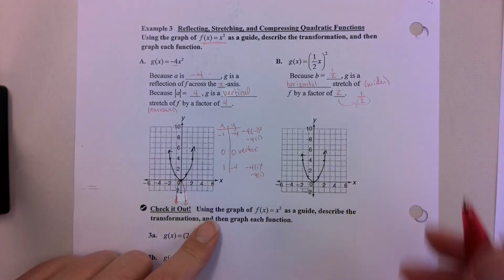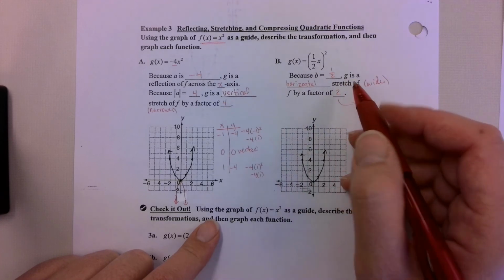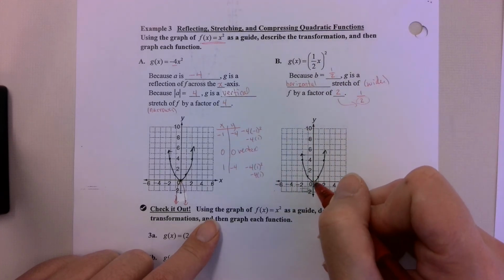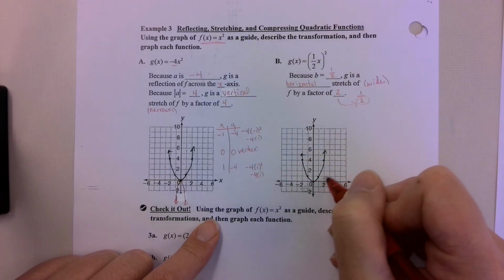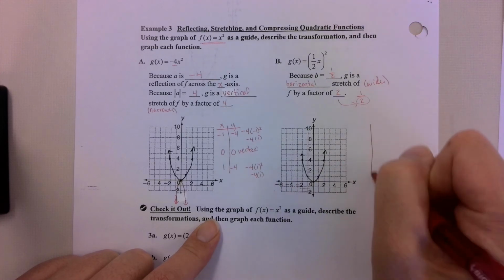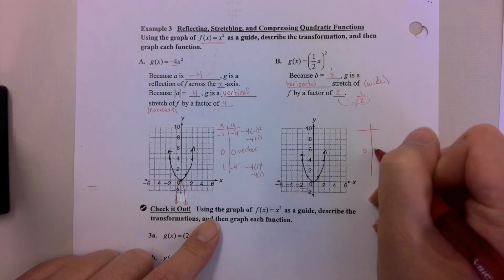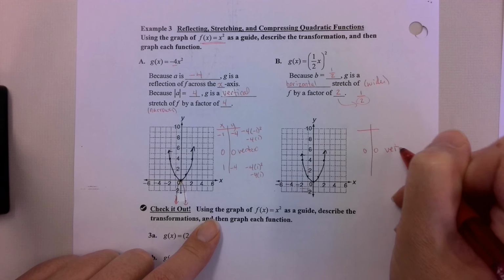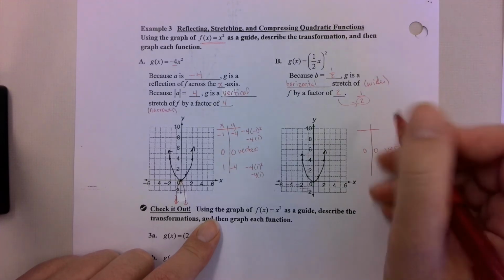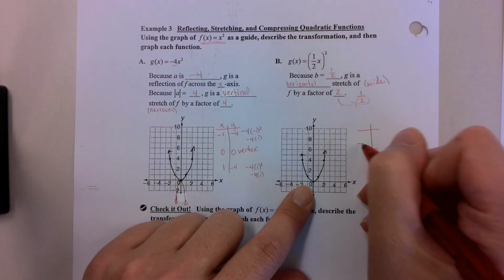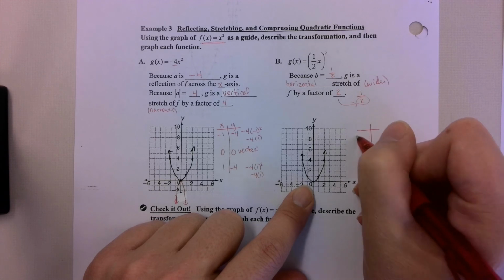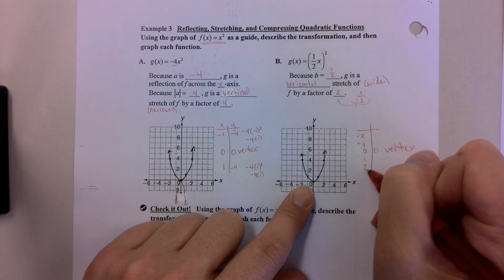Okay, so how would I graph this if I was unsure of that? Again, this is going to start at (0, 0), and it's going to be a wider graph. Notice that the vertex again is (0, 0), because there's no vertical or horizontal changes. And so I'm going to put numbers in like negative 1 and maybe negative 2 and 1 and positive 2.